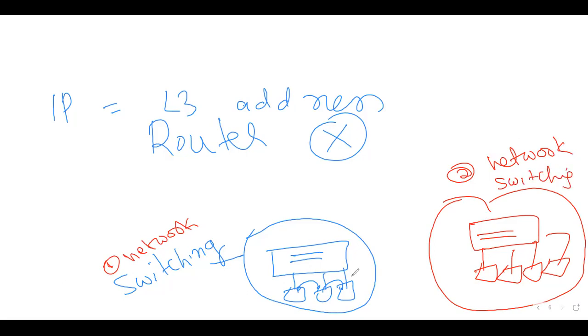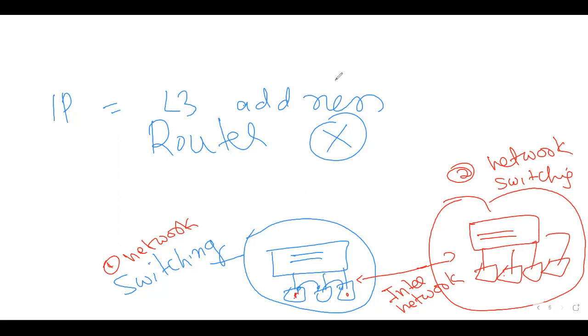Now, I wanted to make communication from here to here. They are different networks. So what do I need? Internetwork. Or I could say state and state, interstate, something, different networks. I need to communicate from one network to another network.